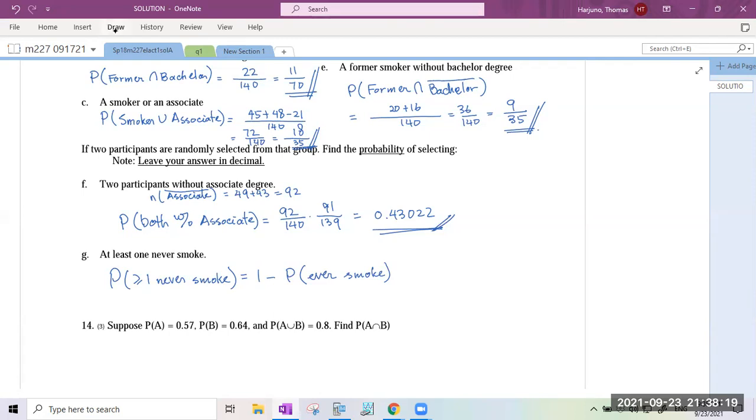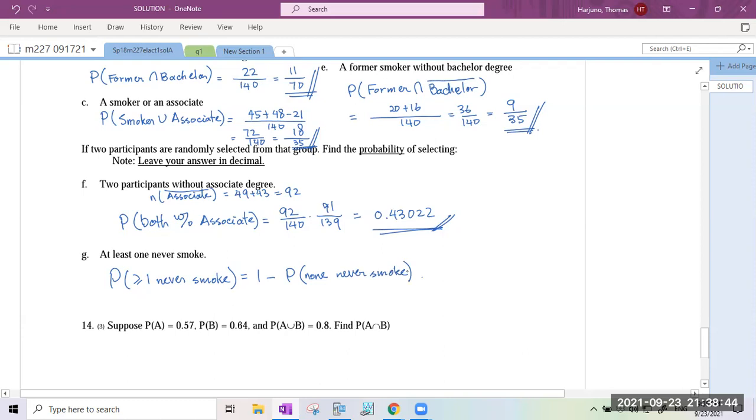Maybe I put it this way. Another way to say it: probability at least one never smoke is 1 minus probability none of them never smoke. Does it make sense? Okay.